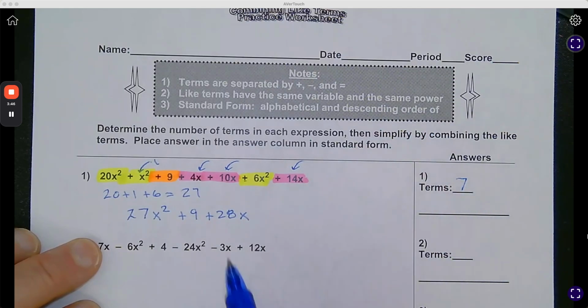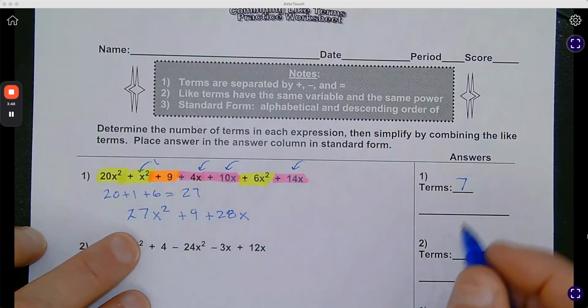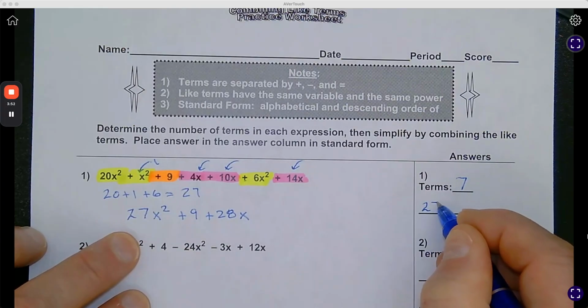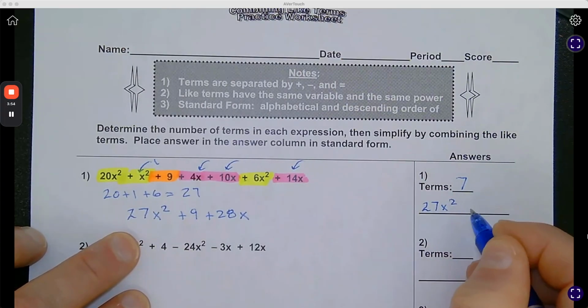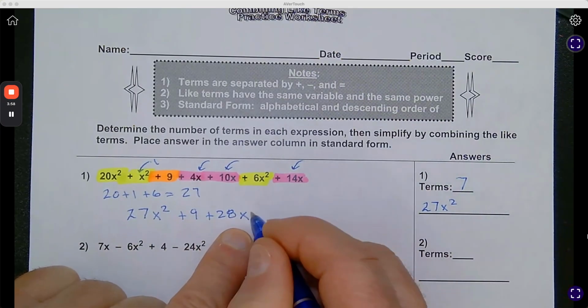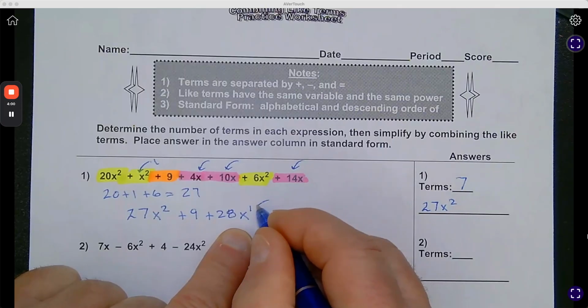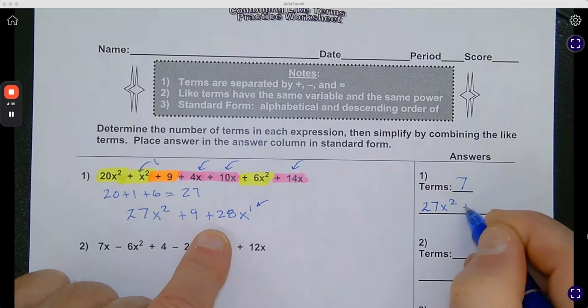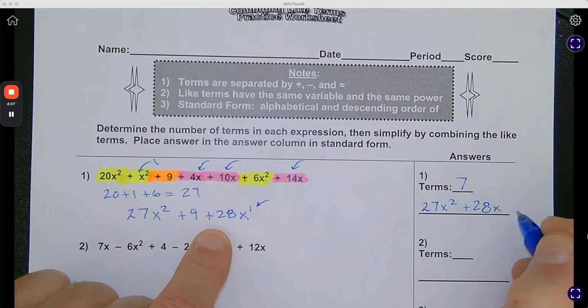So notice in this one, the alphabetical order would be x because it's the only letter. And now descending order would be x squared. X to the first, when they do not show an exponent, it's a 1. So plus 28x plus 9.